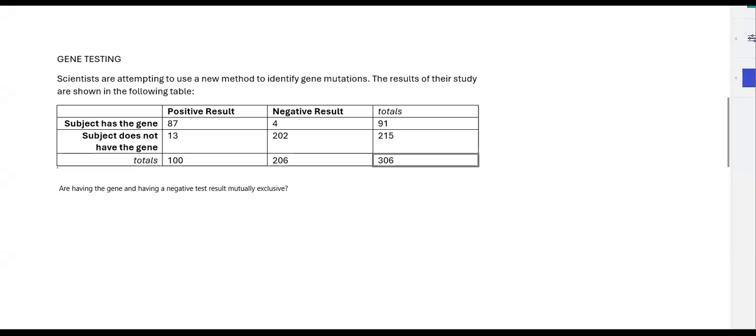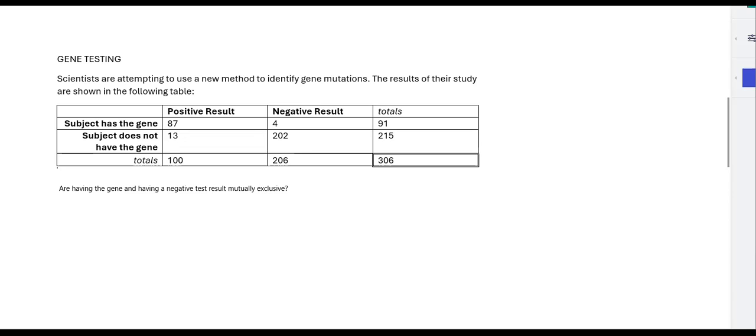So you can't roll a single die and have it be a 4 and a 2 at the same time. It has to be one of them. Or you can't pull a card from a deck and have it be a club and a heart. It has to be just one of those things. So those are mutually exclusive. Those are things that can't happen at the same time. Another example is you can't walk on the sun and be alive. Pretty extreme, but it still works.